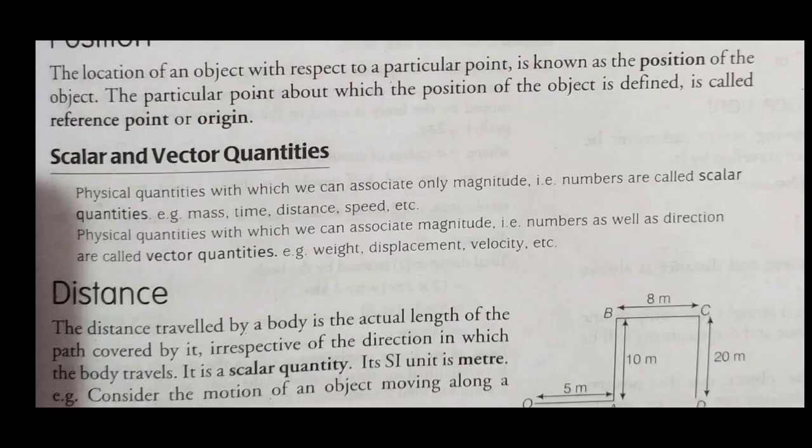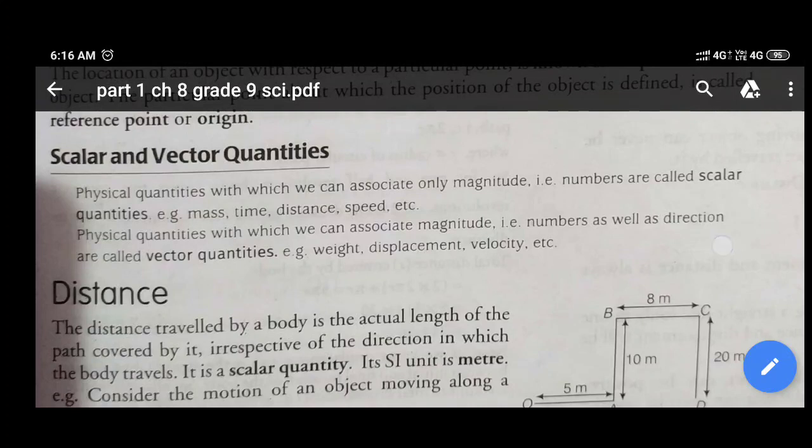So that number is called a scalar quantity. Examples are mass, time, distance, speed, etc. Now we will learn what is distance, what is speed, and so on. You know what is mass, we have already done in chapter number 1. Mass is the amount of matter an object is made up of.